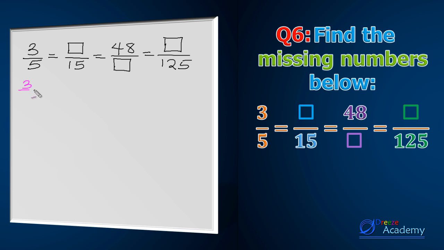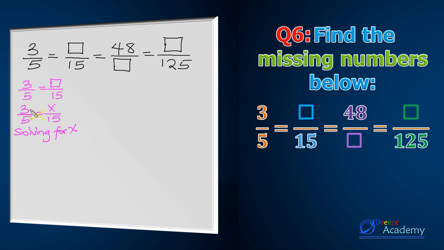So, starting with the 3 over 5 is equal to missing number over 15 fraction, let's call this missing number x. And that would be 3 over 5 is equal to x over 15.